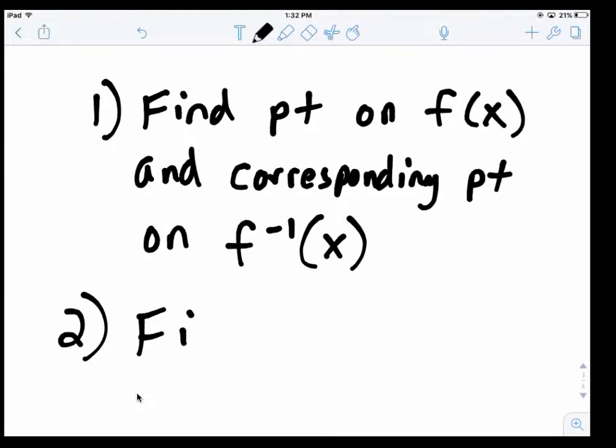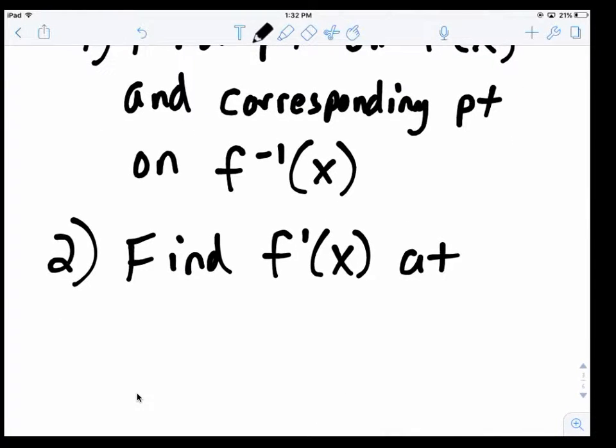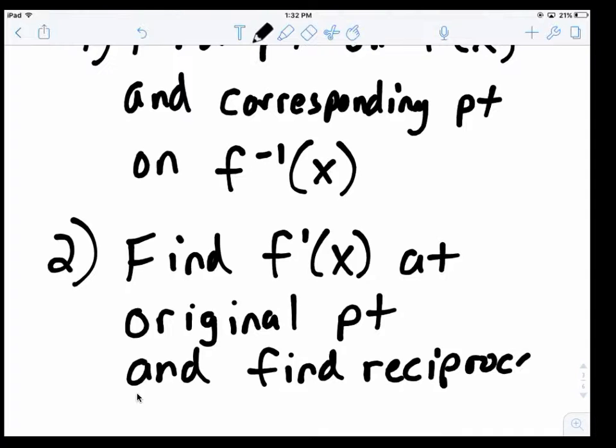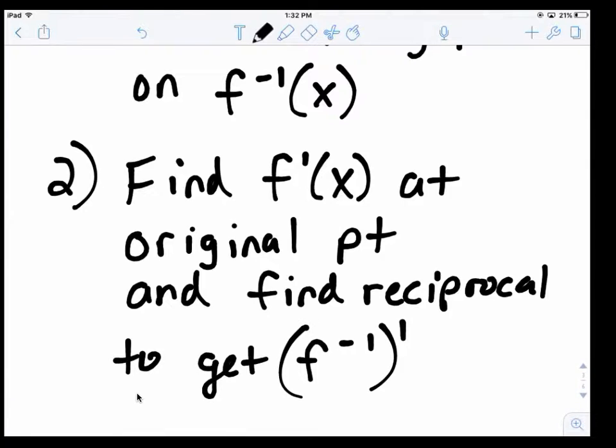And then usually find f prime of x at the original point, and then find the reciprocal to get the inverse's derivative.